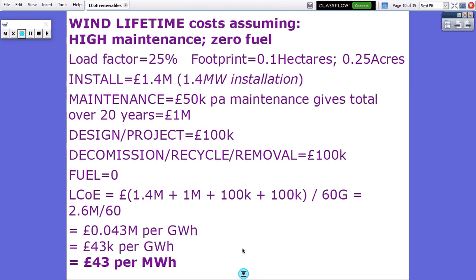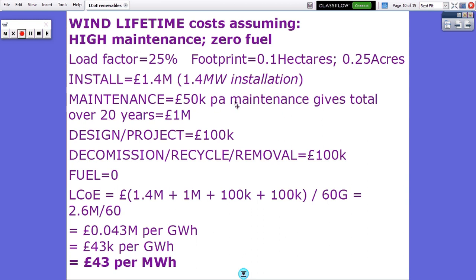If we do wind, similarly, using this load factor of 25% for our 3 gigawatt hour per annum, we need an installation of 1.4 megawatts. Using current costs, they're estimated to be 1.4 million capex and installation costs.